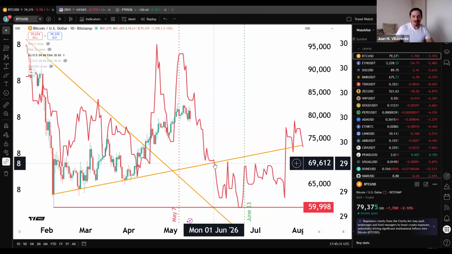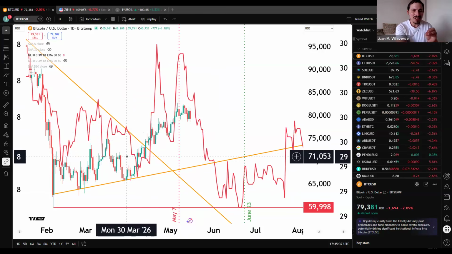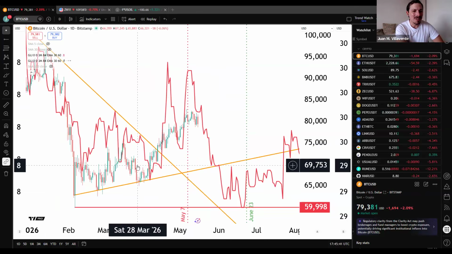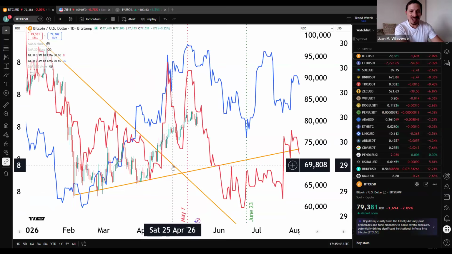There are times, admittedly, and February was one of those times, when if you're looking at the macro outlook, it's kind of confusing because you have two leading liquidity lines, and they're not saying the same thing.